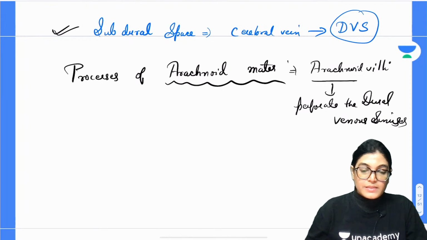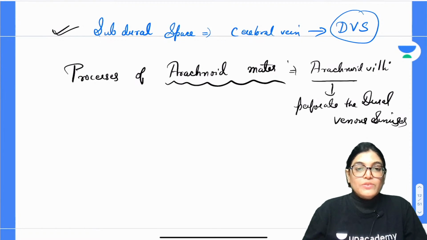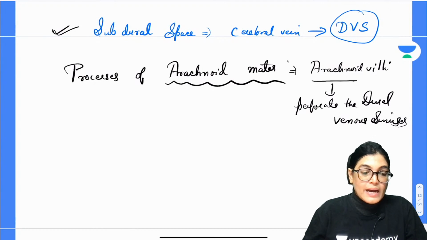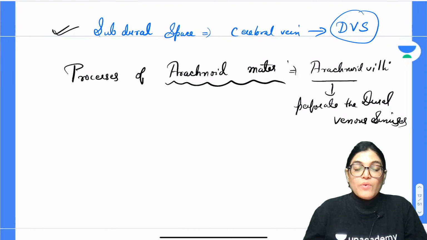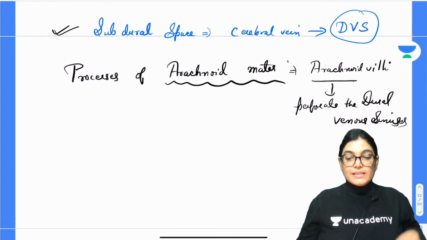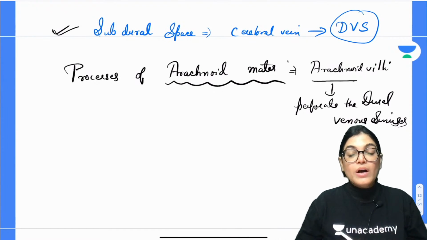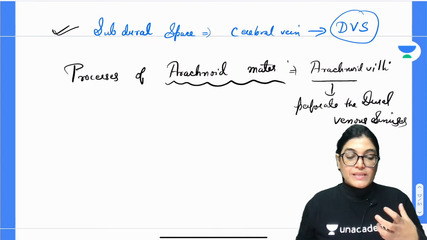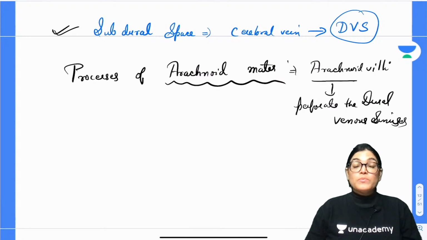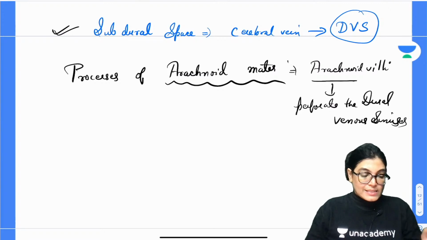They are covered by specialized mesothelial cells. What is the function of arachnoid villi? These cells convey the cerebrospinal fluid to the bloodstream, thus leading to the absorption of CSF. Arachnoid villi are most numerous in the superior sagittal sinus.